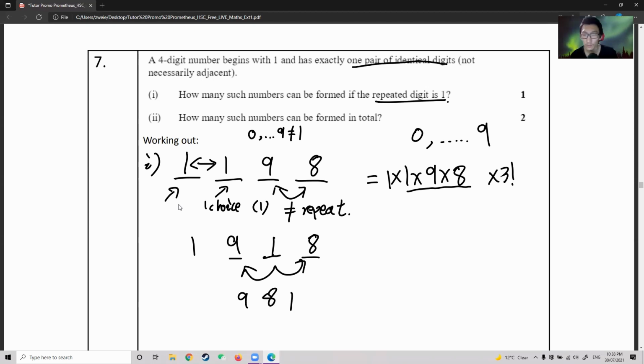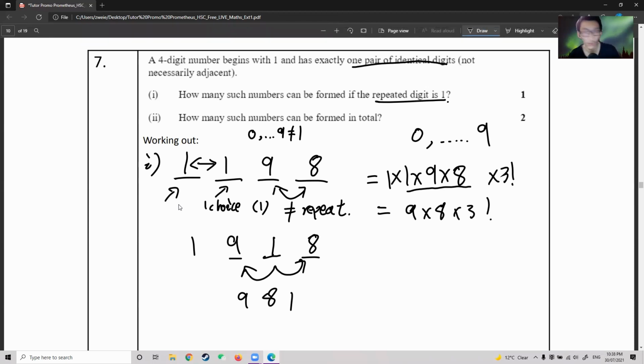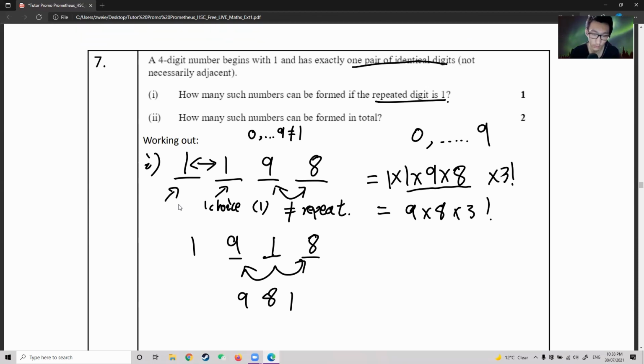I'll be having 6 combinations. So what I will get is 9 times 8 times 3 factorial, and that gives 432 combinations.